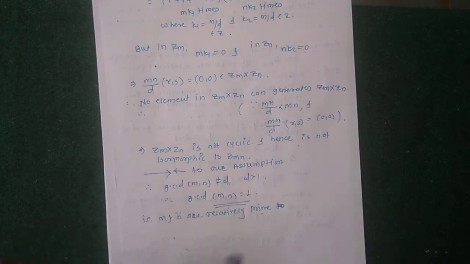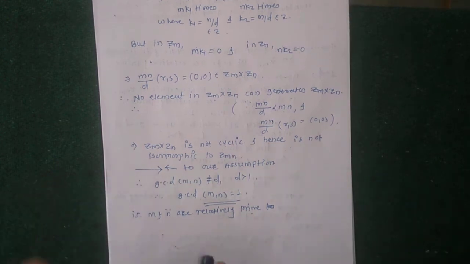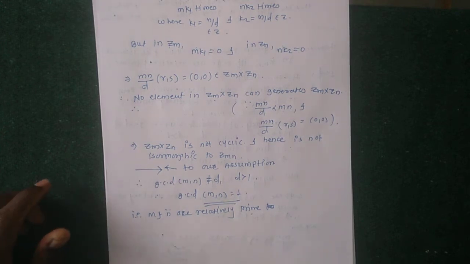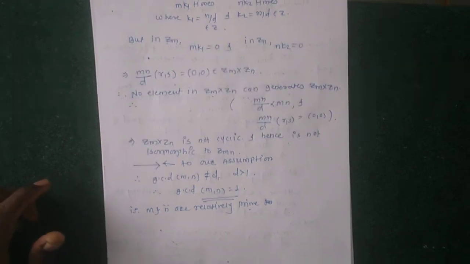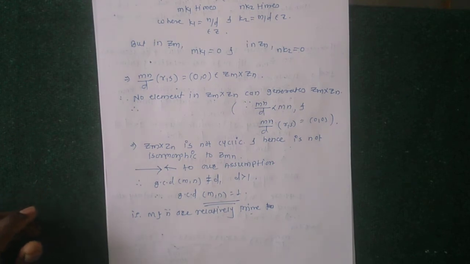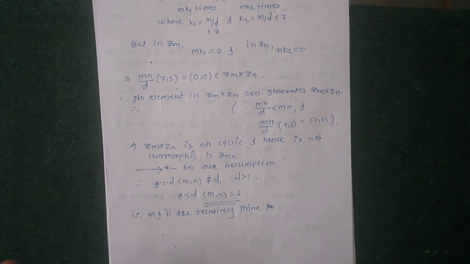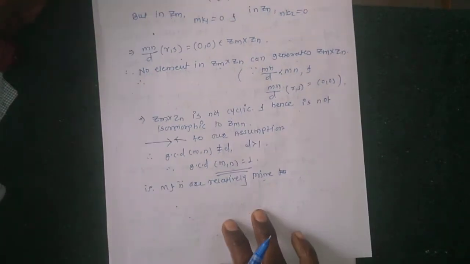Therefore GCD of m and n must be 1, so m and n are relatively prime. This is the first part. Next, the second part.